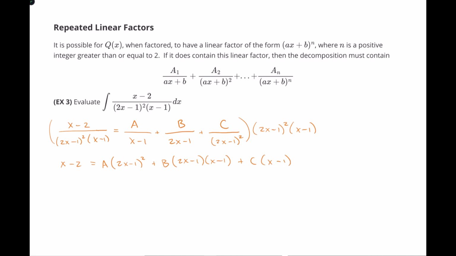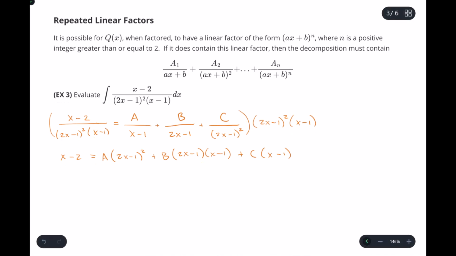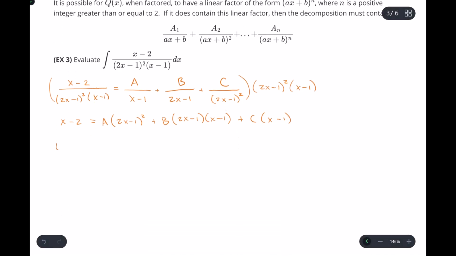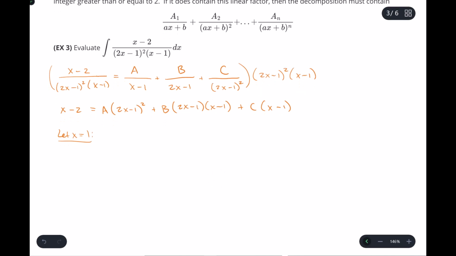You would always want to start with choosing strategic values of x to simplify things and get the easiest ones first. So for instance, I could let x equal 1. That's an easy one. And if I let x equal 1, I would have 1 minus 2 is negative 1. And that would be equal to a times 2x minus 1 squared.